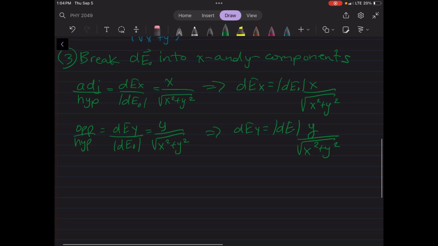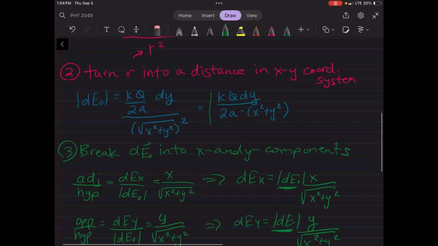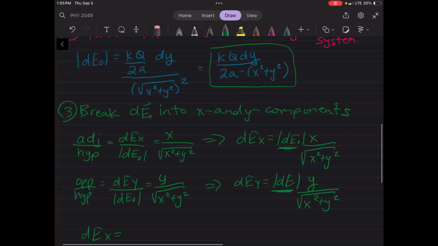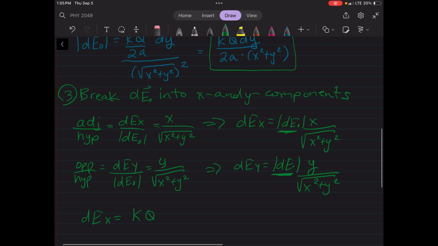So let's spell out what dEx and dEy are. Because our dE is up here, right here, that was kq over 2a dy over x squared plus y squared, now multiplied by this factor of x over the square root of x squared plus y squared, which leaves us with some constants.